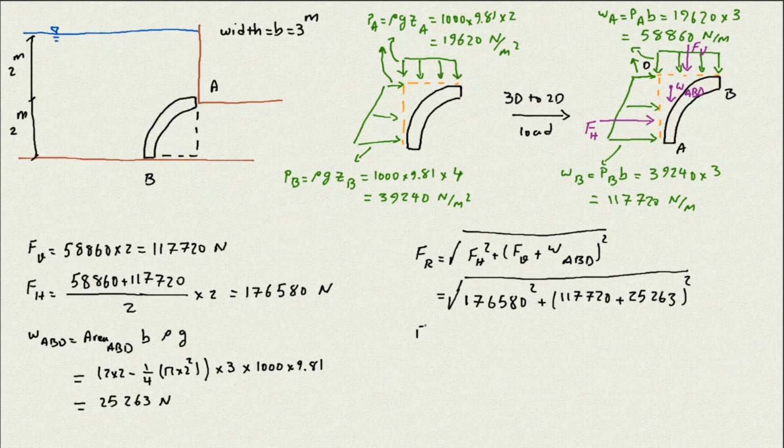So the magnitude of the FR comes out as 227,210 Newtons.